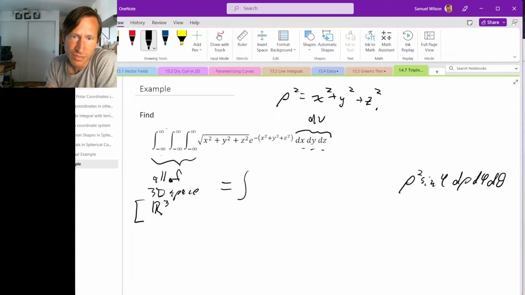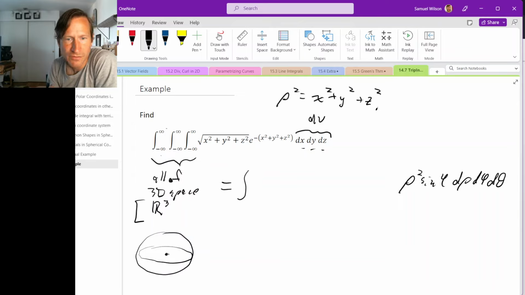Okay, so for our theta bounds, remember we're kind of treating 3D space as a sphere with infinite radius. So what theta values do we need to cover this sphere? Well, we have to go from theta equals 0 all the way around to theta equals 2 pi. So from 0 to 2 pi.